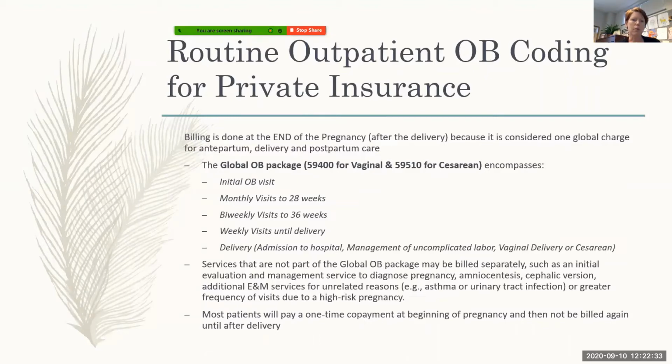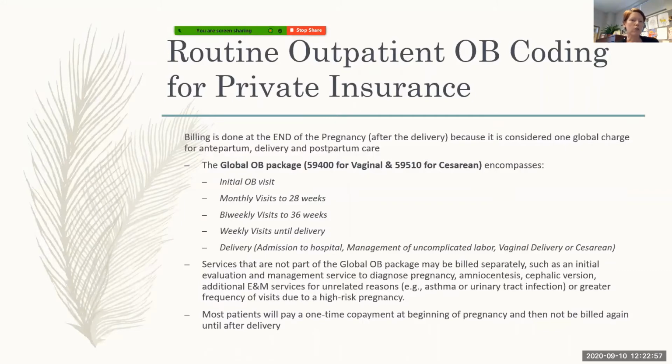But that global OB package is going to include that initial OB visit. It's going to include monthly visits up to 28 weeks, the biweekly visits to 36 weeks, and then weekly visits until delivery. And then it's also going to include that delivery. And then actually the postpartum is included in that too. I don't know why I didn't list that on there, but the postpartum is part of that as well.